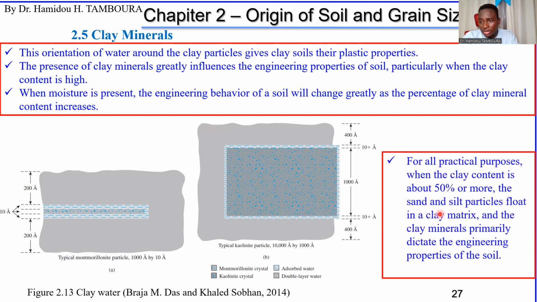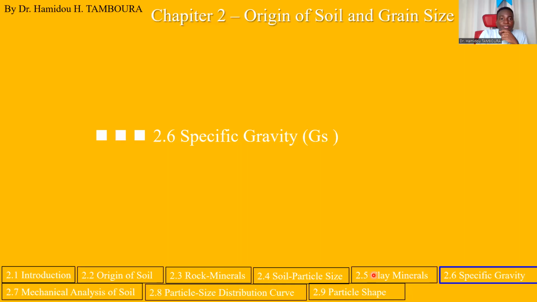So for example, in practice, when we have 50% or more clay content, the sand and silt particles float in the clay matrix, and the clay mineral primarily dictates the engineering property of the soil, which means once the content of clay is 50% or higher, we almost consider the soil as clay, because the behavior will be almost the same as the behavior of clay.